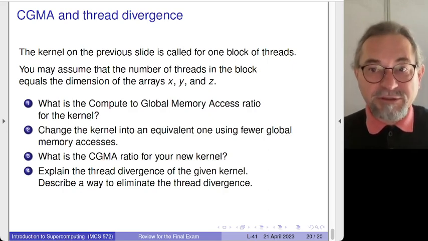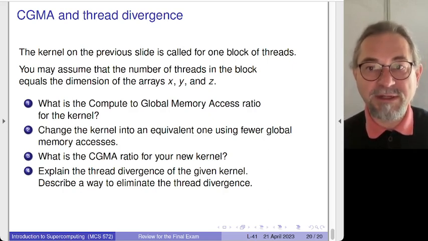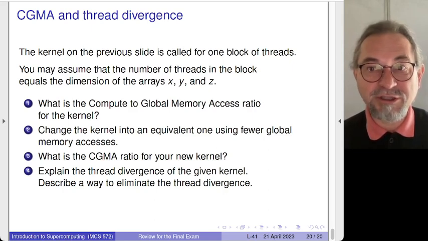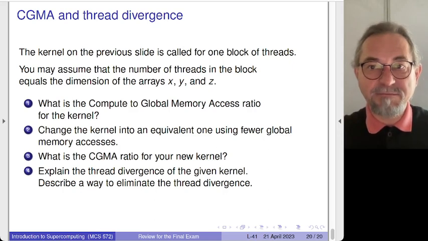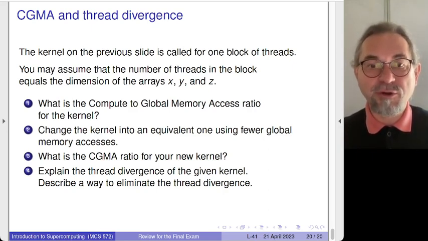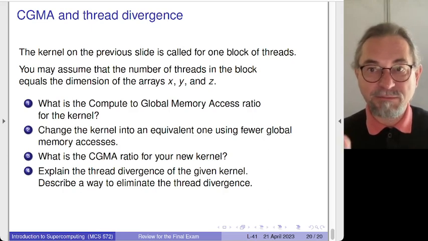So use registers to accumulate. Also use registers, or even better, use shared memory. With shared memory, all the threads are responsible for loading in the entire input, so that is reduced to one instruction. Your compute to global memory access becomes constant again.